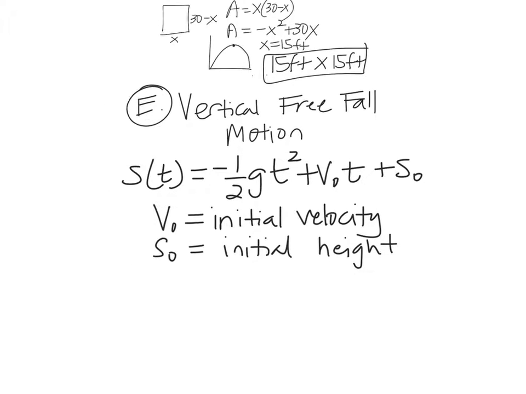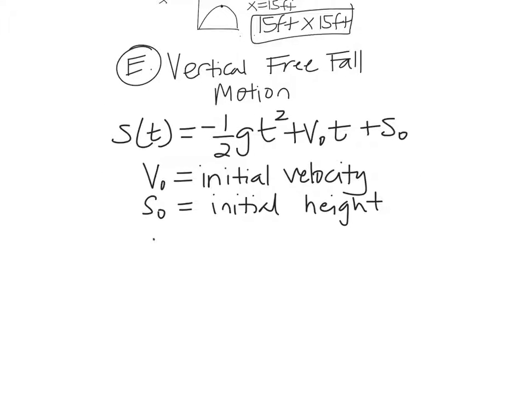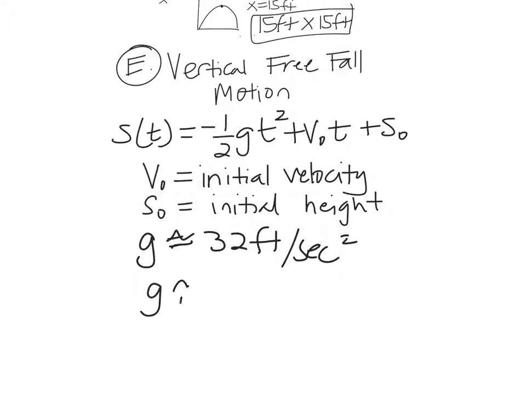G is going to be one of two things. G is actually an approximation, depending on if you're in America or in China doing this problem. G is 32 feet per second squared, or 9.8 meters per second squared.